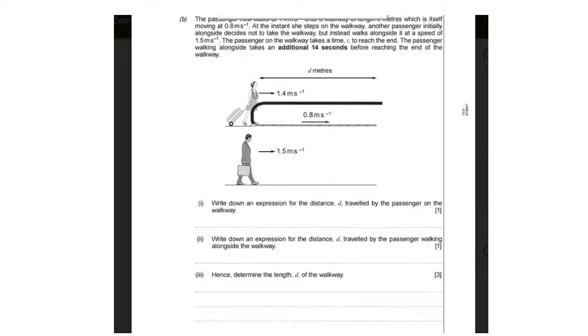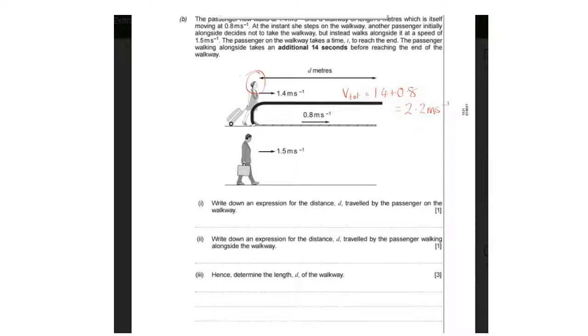Right. We want to write an expression for the distance d travelled by the passenger on the walkway, first of all. Okay, so we want this here. We want a total velocity: total velocity is going to be 1.4 plus 0.8, 2.2 metres a second.